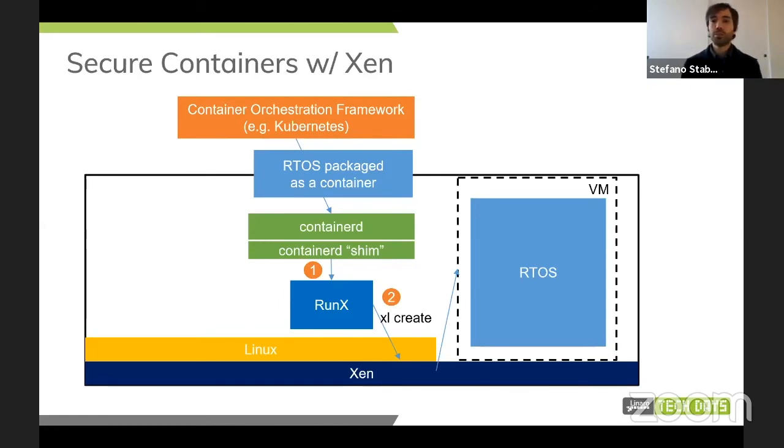You might still want to benefit from the lifecycle management the OCI tools come with, which is very powerful and convenient. So this allows you to build your application as a proper kernel RTOS, push it to Docker Hub, and dynamically deploy it using an orchestration framework like Kubernetes, using containerd, using all your regular OCI tools. Transparently, your RTOS will run inside the VM, and it will also show up as one of the containers running in your system.